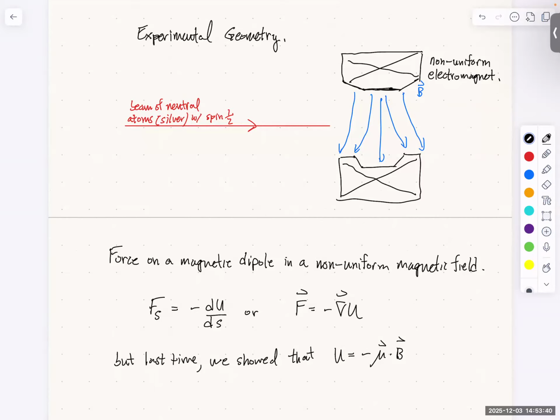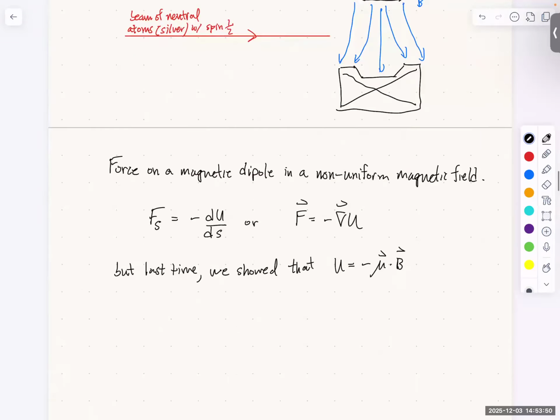If B was constant or uniform, then when I took that spatial gradient, this would disappear and we'd get no force. So the gradient is required so we get a non-zero force. Okay, so F is going to be the gradient of this. The minus signs will cancel, and so we have the gradient of mu dot B.